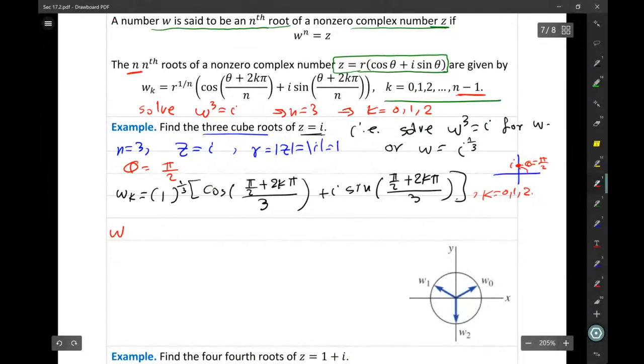Now, when we substitute each different value of k, I will get a different root. When k is equal to 0, w naught is equal to 1 to the power 1 by 3, which is 1.